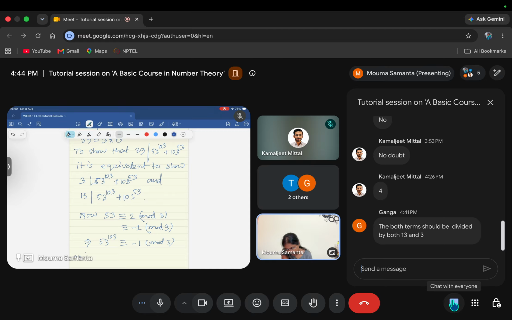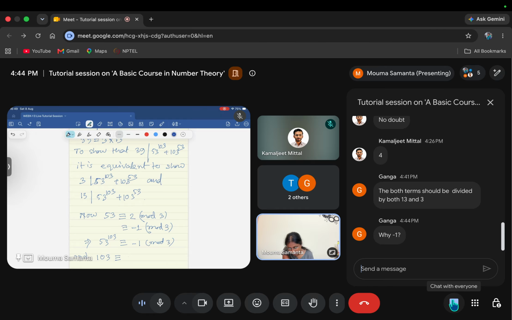And what will be the remainder when we divide 103 by 3? One, right? Yes, 1. Why minus 1? Because 2 is congruent to 2 minus 3.